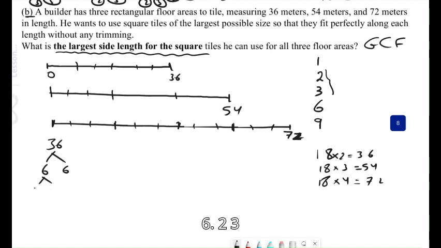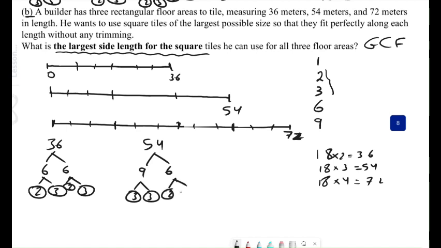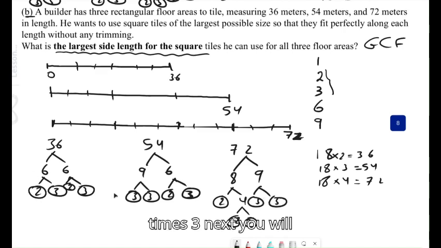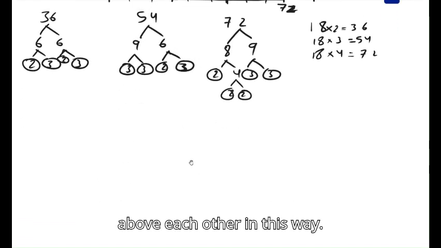I will use 6 times 6, 2, 3, 2, 3 again. 54, 9 times 6, I will use 3, 3, 2, 3, and then 72, I will use 8 times 9, 2 times 4, 2 times 2, and 9, 3 times 3. Next, you will list all of them. The best is to do it above each other in this way.